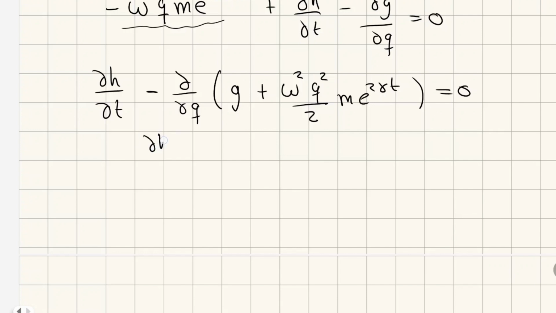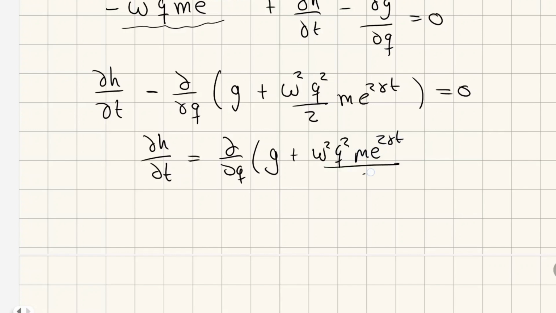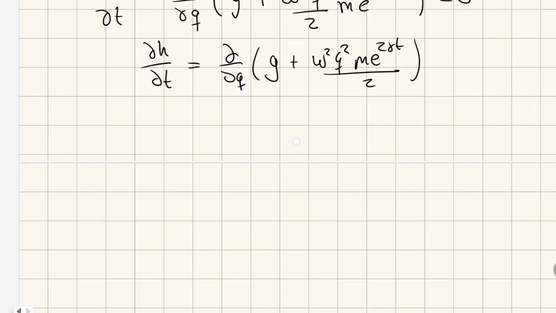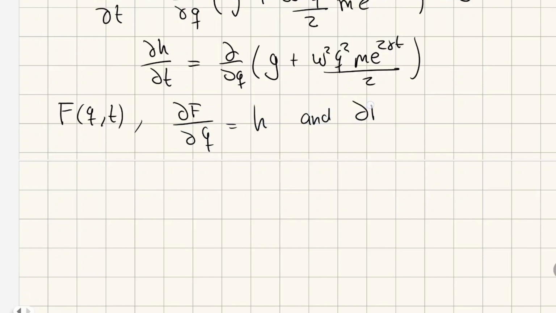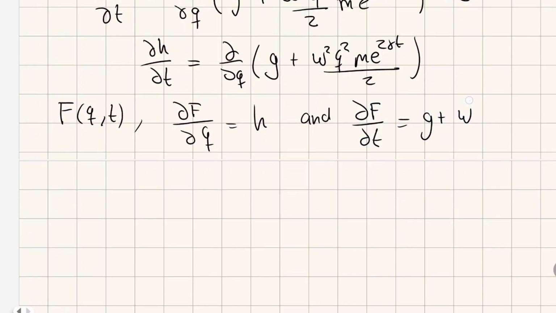So first of all, we can rewrite this as the partial of h with respect to t is equal to the partial with respect to q of g plus omega squared q squared m e to the 2 gamma t over 2. And this implies that there exists a function f that depends on q and t, such that the partial of f with respect to q is equal to h, and the partial of f with respect to t is equal to g plus omega squared q squared m e to the 2 gamma t over 2.